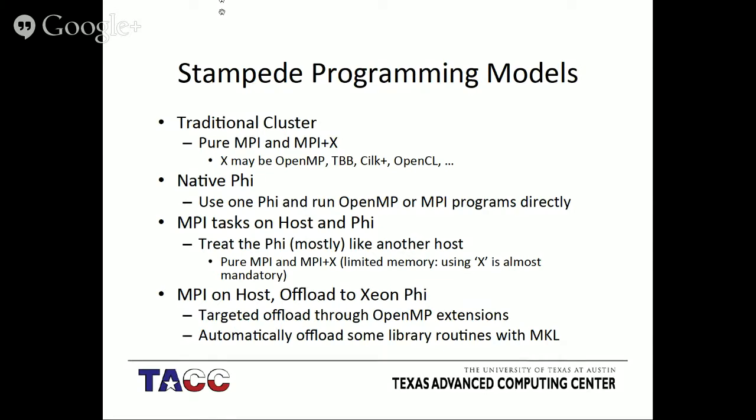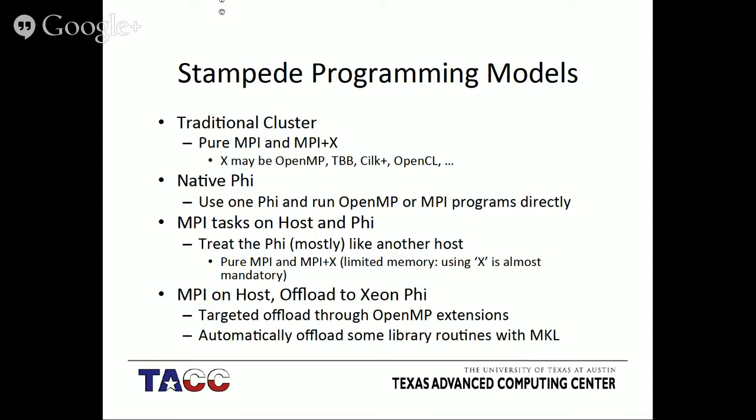And the last programming model is the offload programming model, and that is very similar to a GPU programming model. You identify the regions where you spend most of your time and where parallel work is done, and then you offload those regions onto the Xeon Phi. So your code is running on the host, it comes to this region where you do parallel work and a lot of it, and then you offload that to the Xeon Phi card.